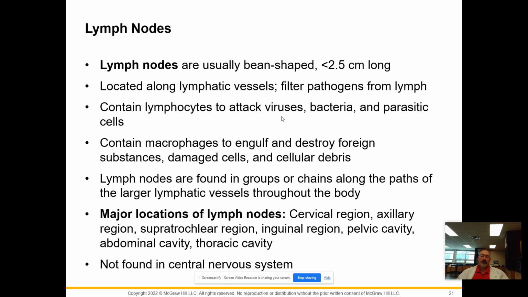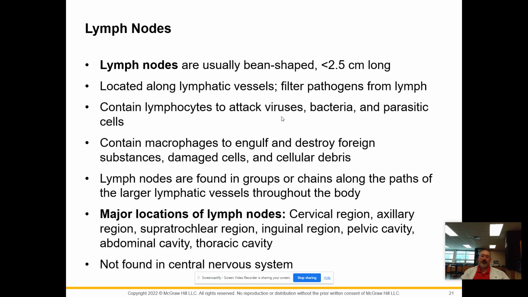So what they do, they're going to be located with lymphatic vessels, and they're going to filter out pathogens. So they're going to collect pathogens and put them in a specialized location. Now that you have them trapped in a spot, you're going to use different kinds of cells that are going to eat these. And so macrophages are great at eating these. Macro means big, phage means eater. They are a big eater.